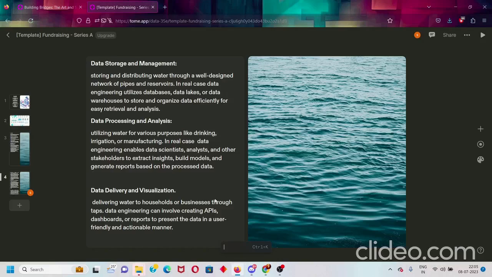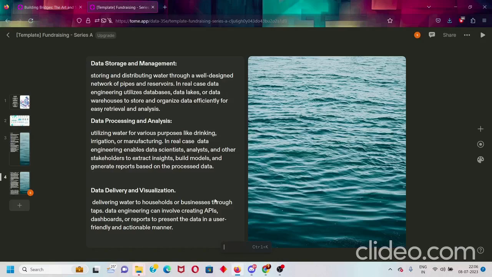In real life, for data storage and management we have databases, data lakes, and data warehouses. A data warehouse is a collection of databases holding historical data, and in warehouses the data is integrated into one central location, so we can use it for easy retrieval and analysis.